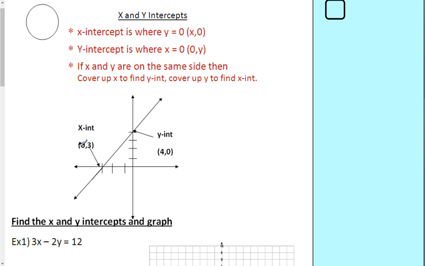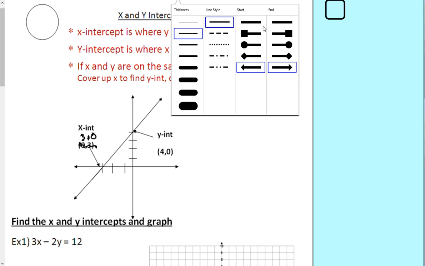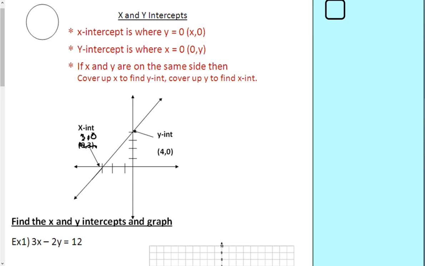This is actually 3, 0. Okay, this is getting annoying. All right, so 3, 0, erase all that, and this is actually 0, 4. So go ahead and fix your notes.